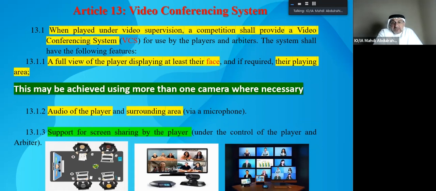So maybe with a side camera. If they play in one area like in the left photo, the arbiter is sitting on the left side, and 4 players are playing at the table. In this case, monitoring by the arbiter is available, and also by panorama camera. In the middle, you can see how we see it in Zoom. This is control for the players.